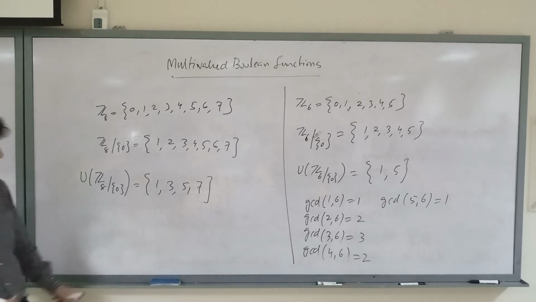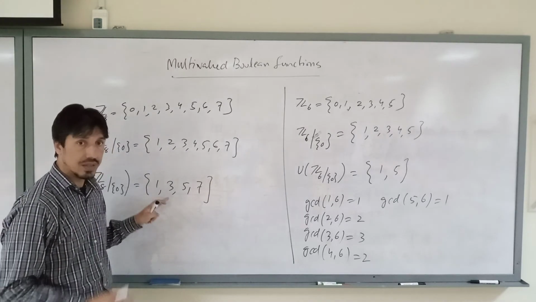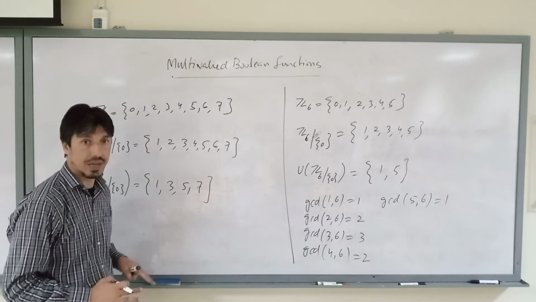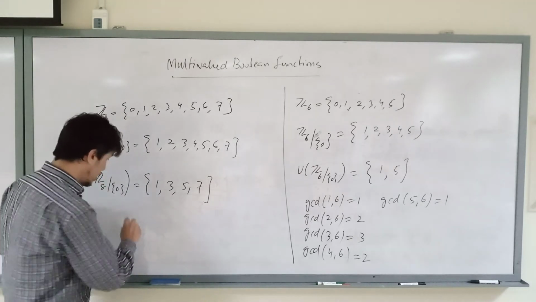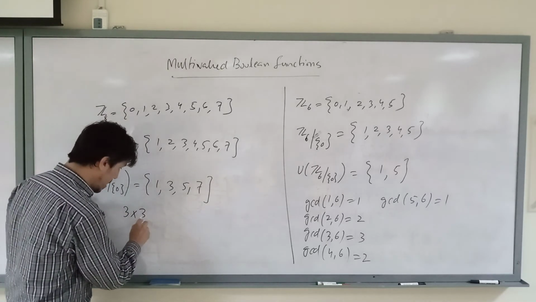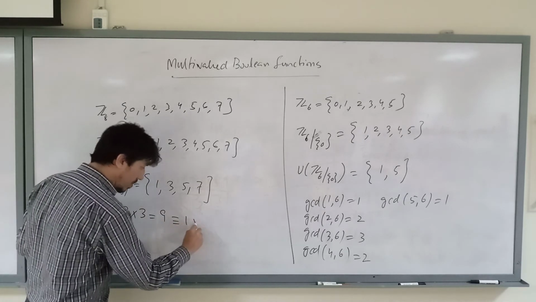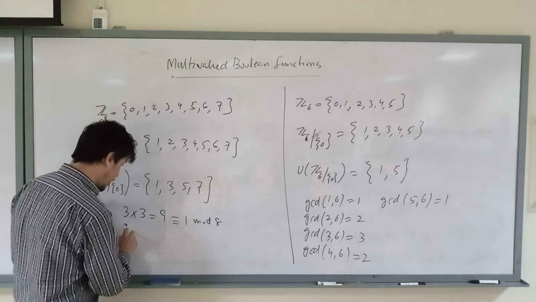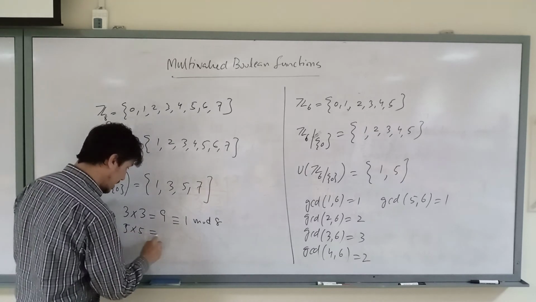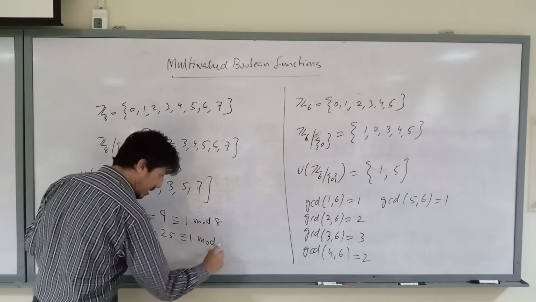So if I take the inverse of 3 under mod 8, 3 into 3 is 9, and under mod 8 it is 1. And 5 into 5 is 25, which is congruent to 1 mod 8.